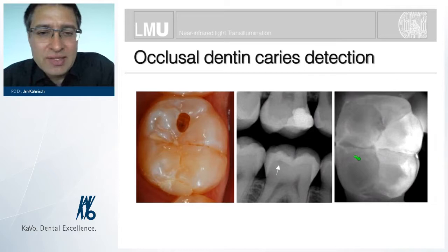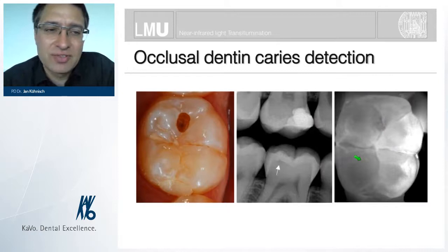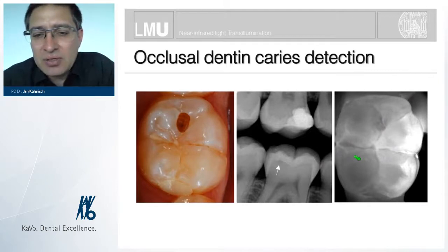An interesting case, unfortunately, the first image is not visualized here, and I can tell you that this case was definitely a sound fissure system where no clinical sign of a discoloration was present. But as clinicians, we were able to detect such a shadow here on the bite-wing radiograph.